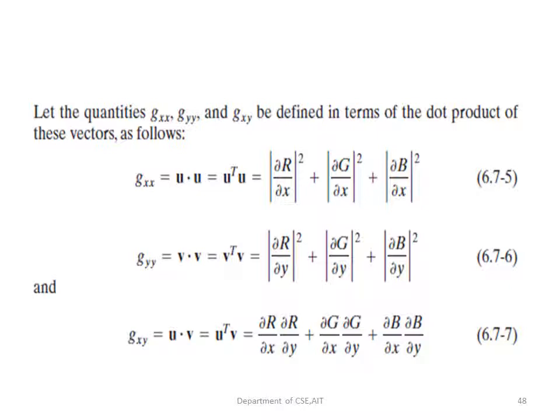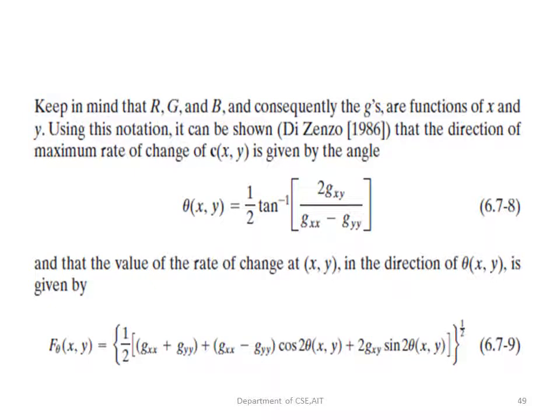Similarly gyy equals v·v, which is v transpose v, the partial derivatives of r, g, b with respect to y. And gxy is u·v, which is u transpose v, the product of the partial derivatives of r, g, b with respect to x and y. We have to remember that r, g, b and consequently the small g's are all functions of x and y.